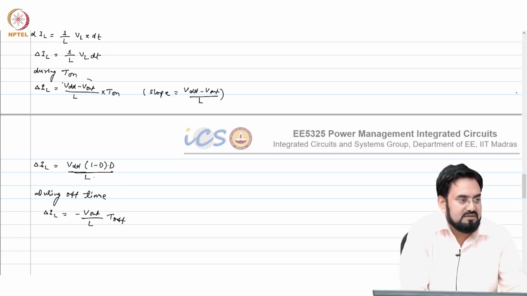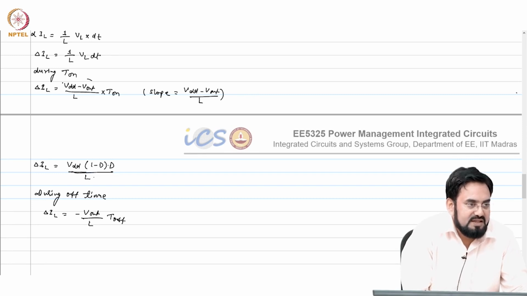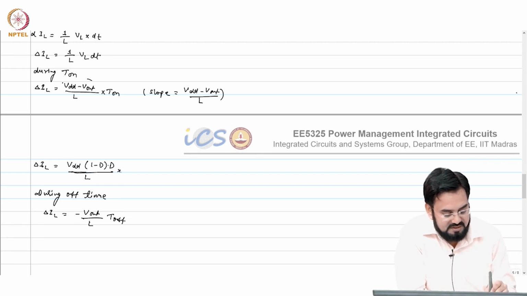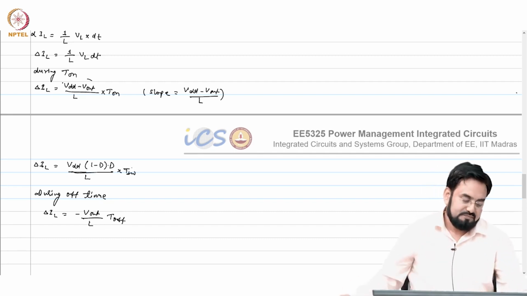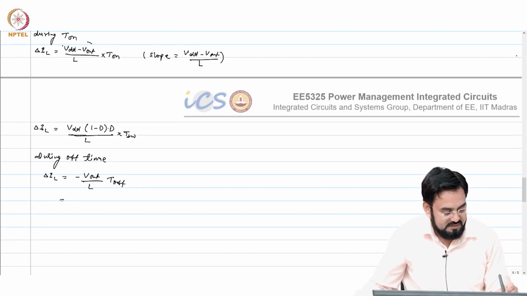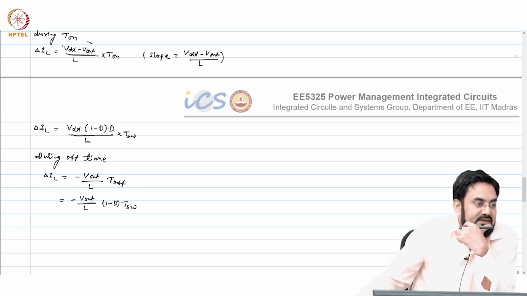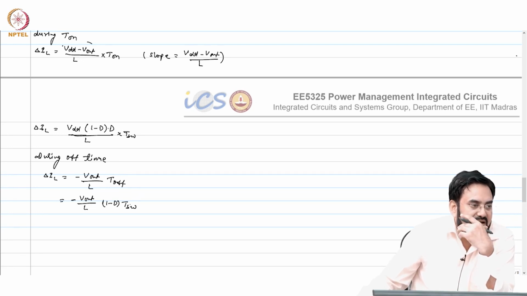So you take VDD common, V out by VDD is nothing but the duty cycle D, and T on is duty cycle times TSW. Okay. And this one can be written as over L into 1 minus D, correct, because T on plus T off over T is nothing but 1, so you just break that.